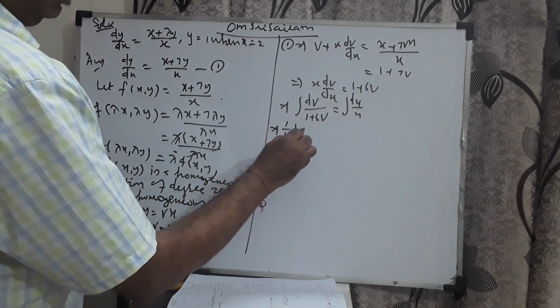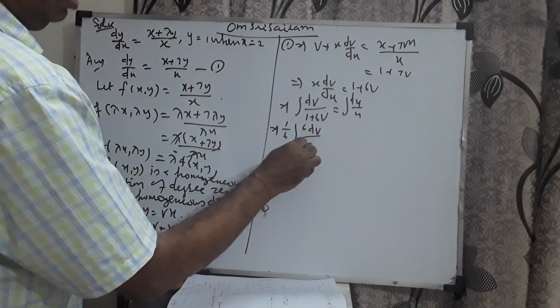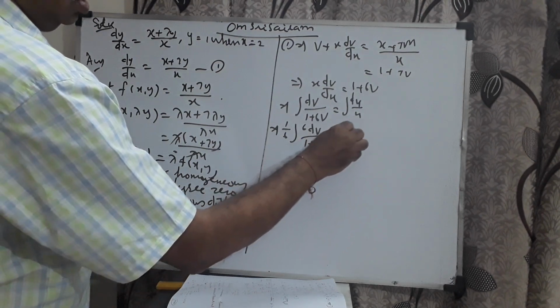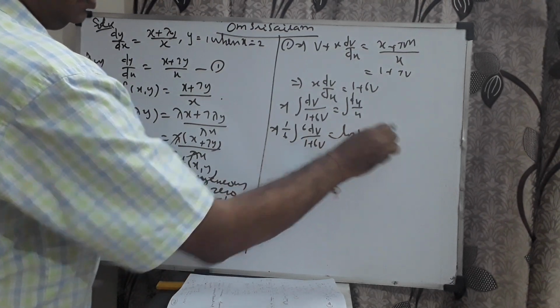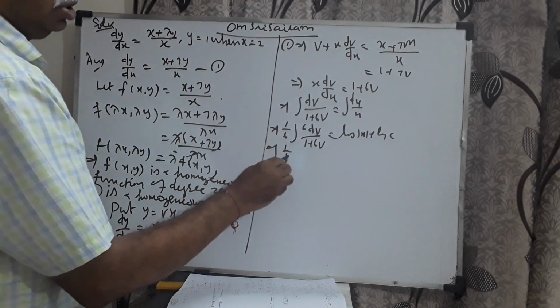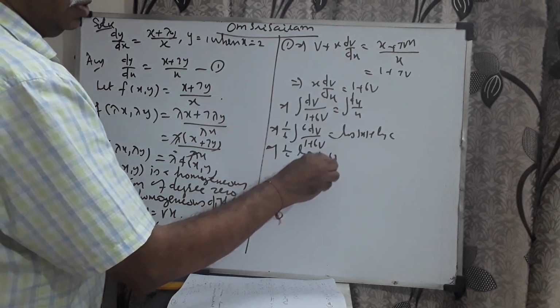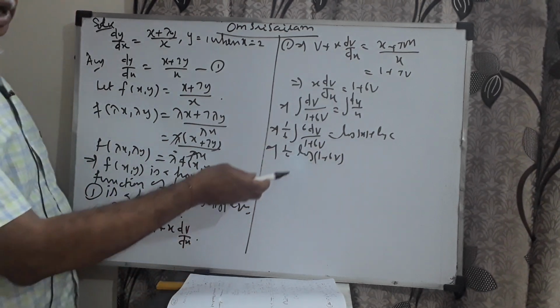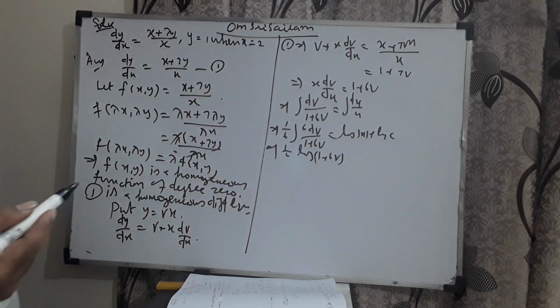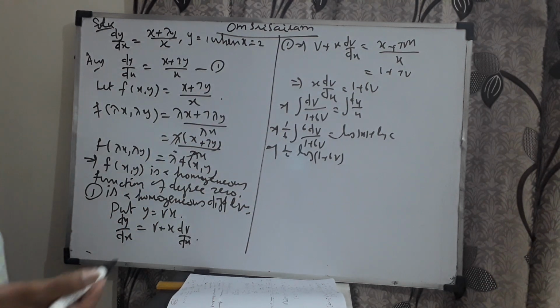Just multiply and divide by 6 here. Integral 6 dv by (1 plus 6v) is equal to log mod x plus log c, which implies 1 by 6 log (1 plus 6v). The derivative of the denominator is there in the numerator. In such cases, we write log of the denominator.